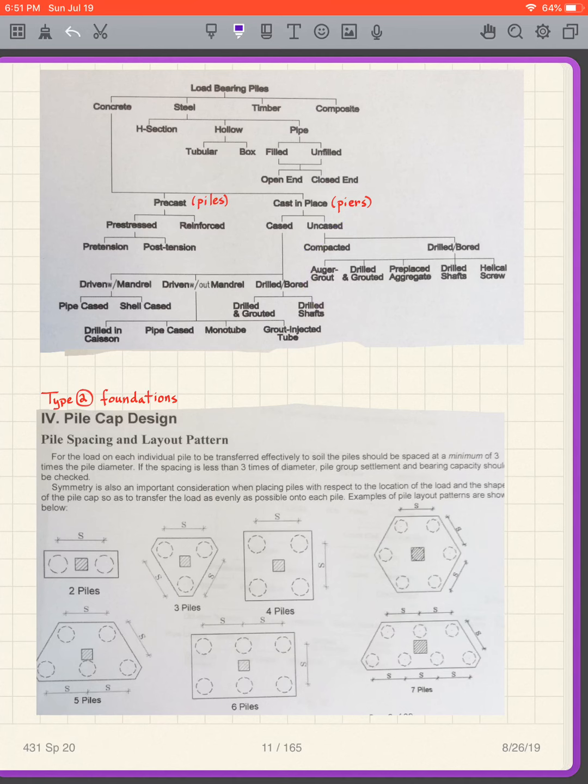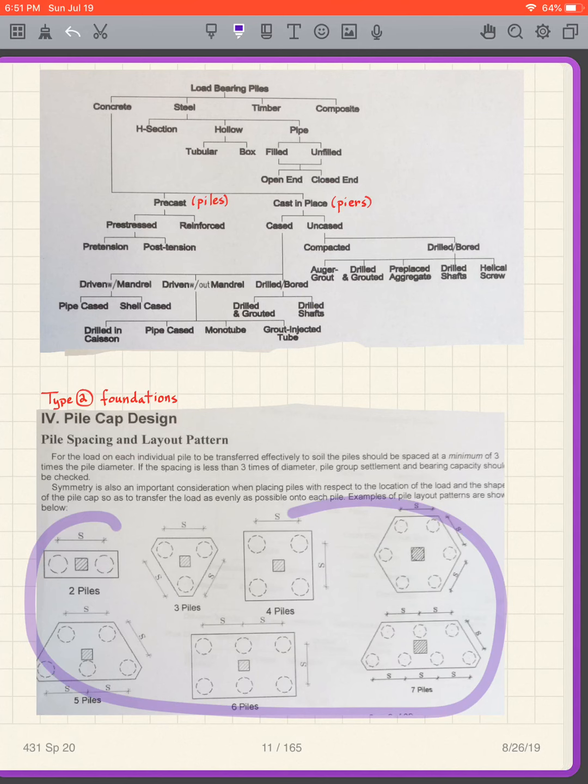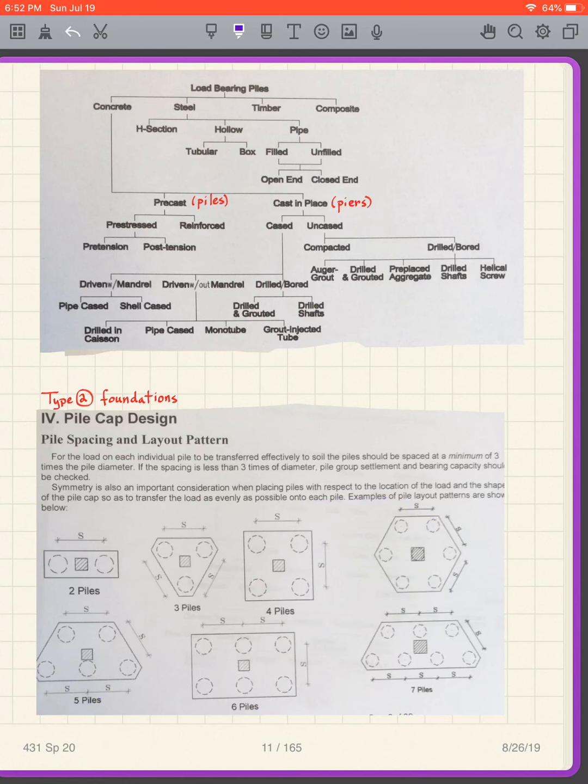All right, I want to say something about, for instance, the pile cap. And this is just some layout. What happens is, for instance, you can have a square pile cap, and then typically you have your column coming down the middle, and you have, for instance, 4 piles around the perimeter. But it doesn't have to be a square. It could be a hexagon, and then you have a different pile arrangement under the pile cap. You got all different shapes.